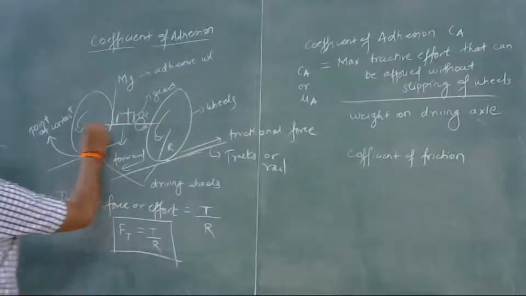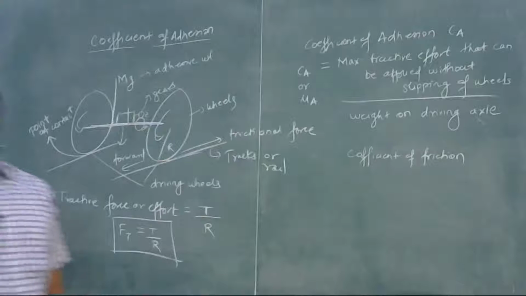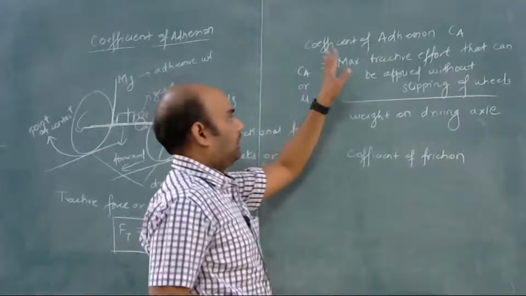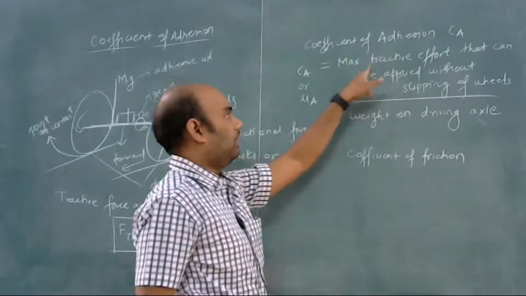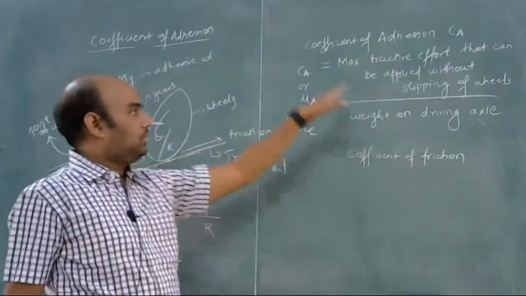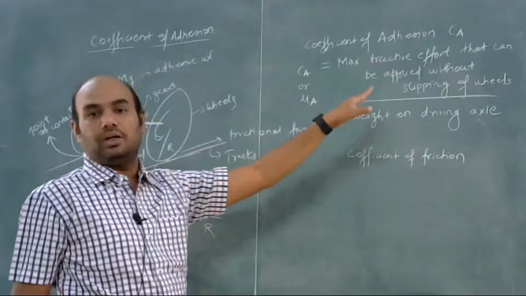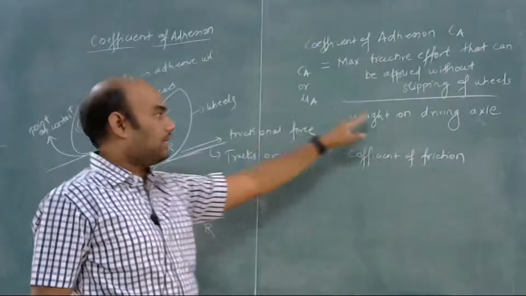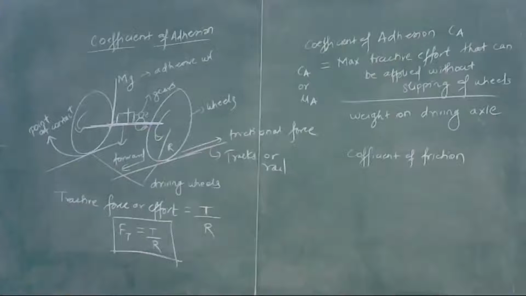So this is our driving axle and this is the weight. This is the maximum tractive force that can be applied without any slipping of the wheels, divided by the weight on the driving axle.